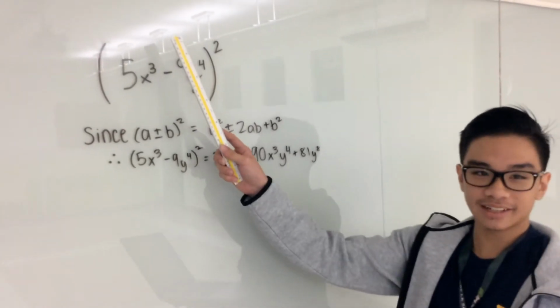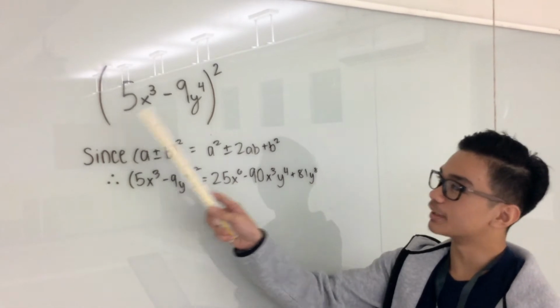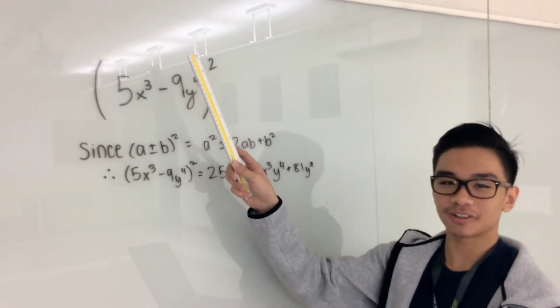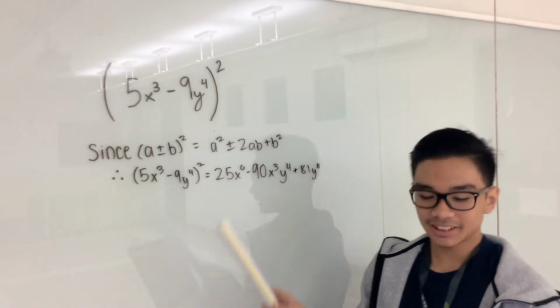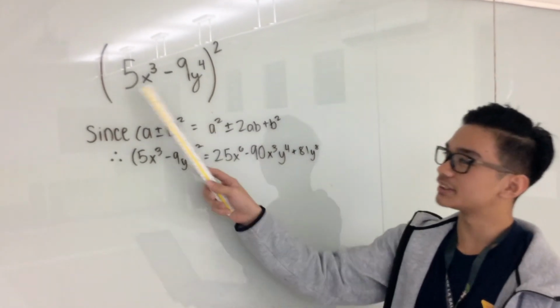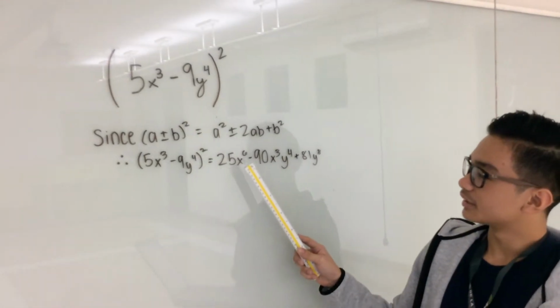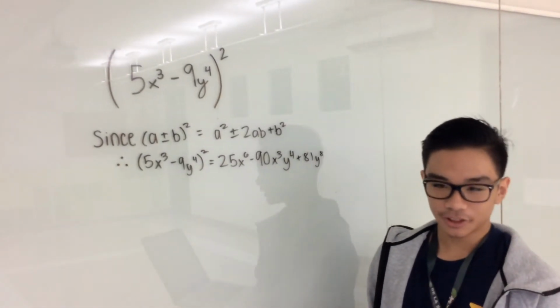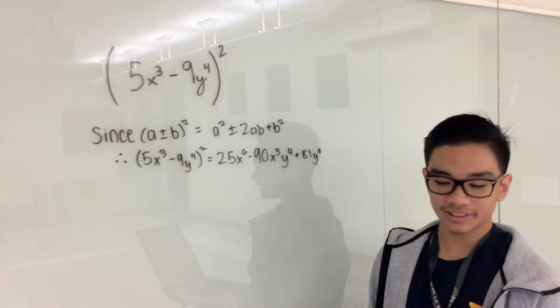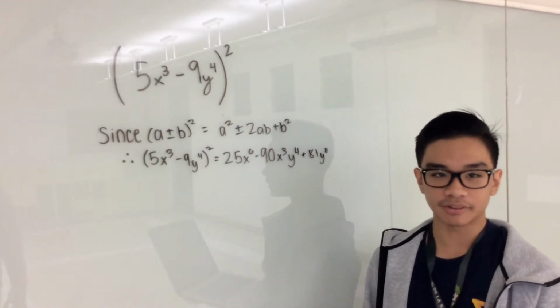Okay, so for our first example, we'll be simplifying the polynomial expression (5x cubed − 9y to the power of 4) squared. Since the expression follows a special product for the square of a binomial, we will first get the square of the first term. So the square of the first term is 25x to the power of 6. The term is raised to 6 because when there's an exponent in the term being raised to a certain power, the exponent will be multiplied by that power.